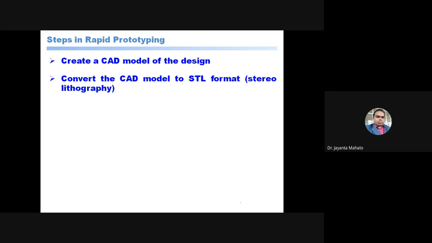After making the CAD model, I have to convert the CAD model to an STL format. STL is called stereolithography. Then slice the STL file into thin cross-sectional layers. Means layer by layer I have to format this STL file.